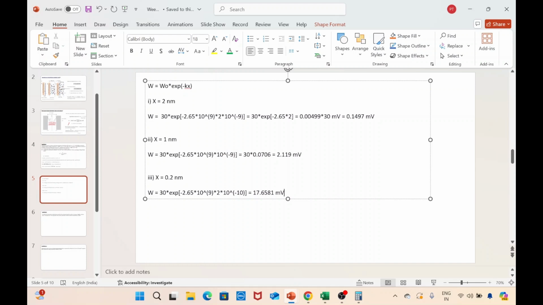So you can take it as a validation, or we are mathematically trying to understand how the potential decays as we move away from the surface of the particle.